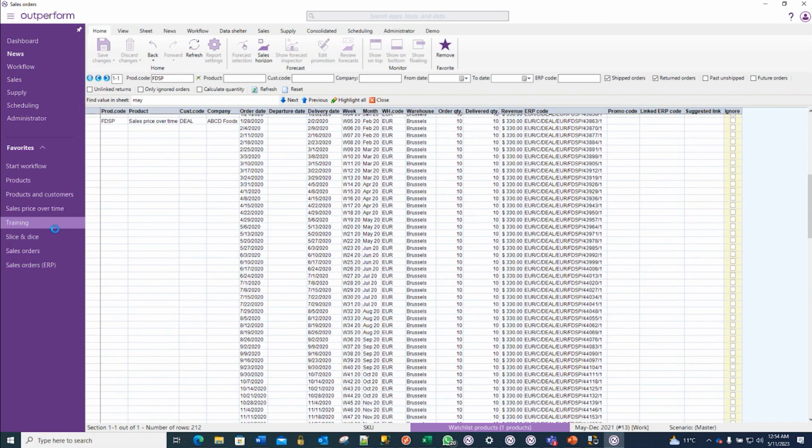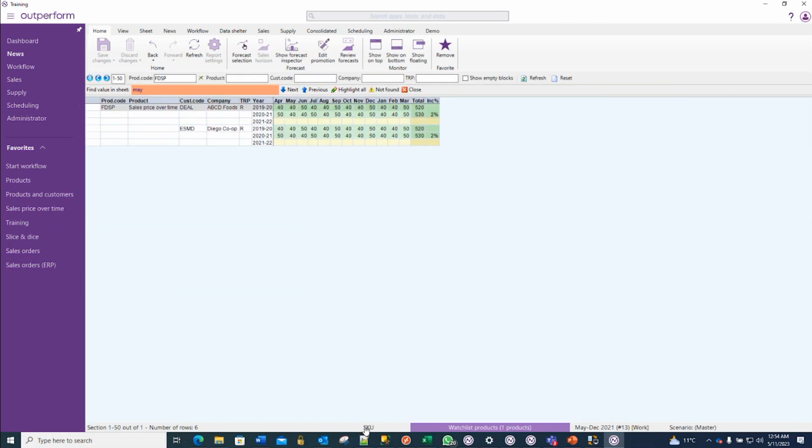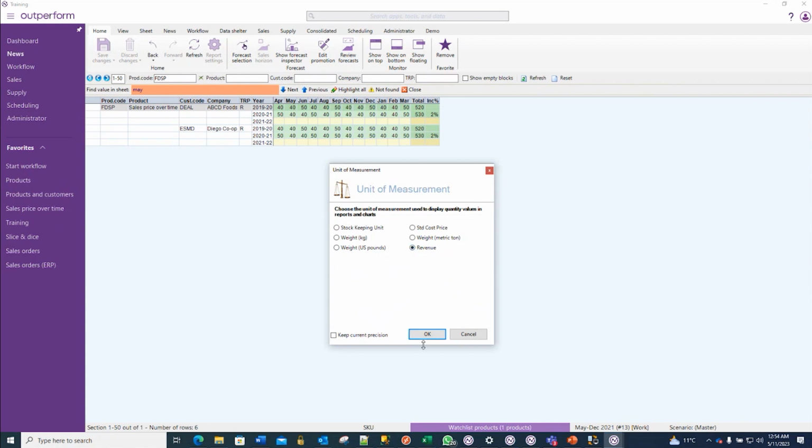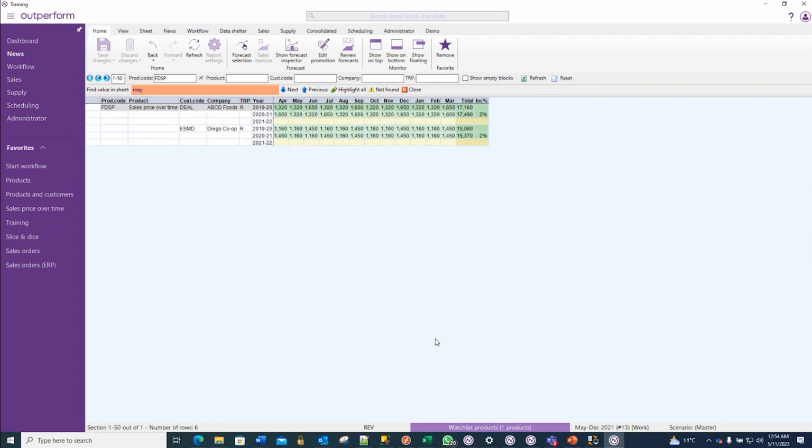detail. If I would then want to display the history in revenue, I will tick revenue and I will see the numbers in euros or dollars, depending what region you're living in. So for every 50 units, I think I remember in April, we collect 1,650 euros. And what is that based on?